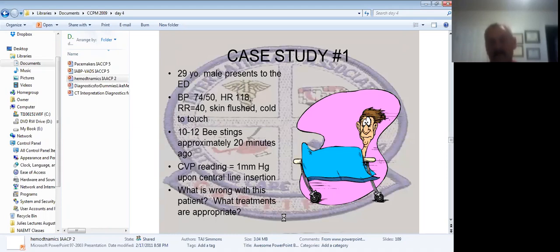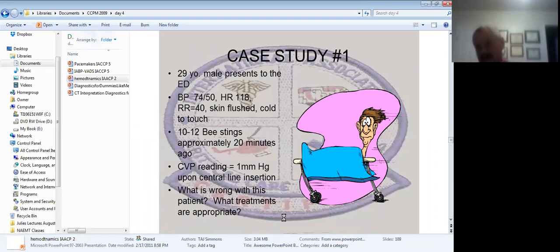But if you have a 29-year-old male presenting to the ED with a really low pressure, 74/50, heart rate of 118, respiratory rate of 40, has skin that's flushed and cold to the touch and was bitten by 12 bees approximately 20 minutes ago, and you have a CVP reading of 1 when you drop your central line. So the likely winner here is a relative hypovolemic event from anaphylaxis.